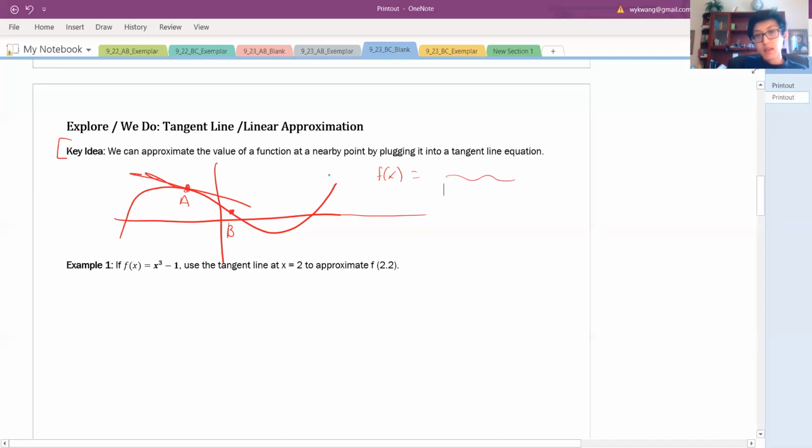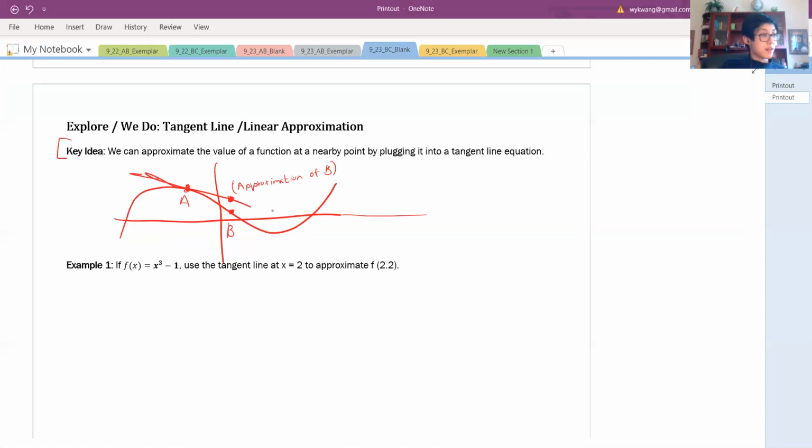So we can't find point B, but we can use this tangent line because it's tangent to the slope, and we can approximate point B by finding the equation of the tangent line, and then using the corresponding x value for point B to find what I'll call the approximation of B. And this approximation of B is going to lie on the tangent line. So that's literally the entirety of tangent line approximation.